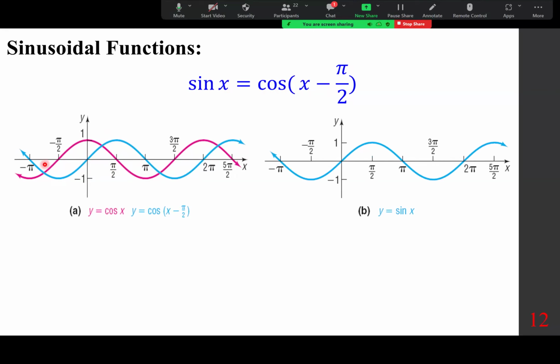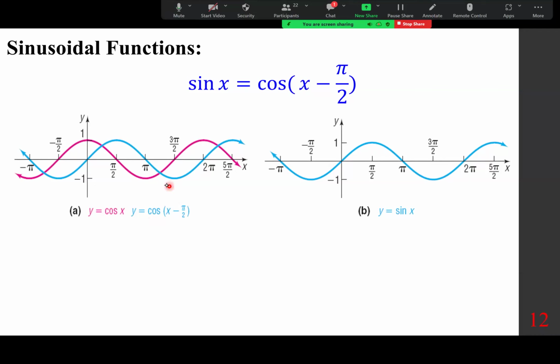So this red one, just move it by pi over 2, it goes on top of the other function. Y equals cosine x, y equals cosine of x minus pi over 2, they become the same thing.